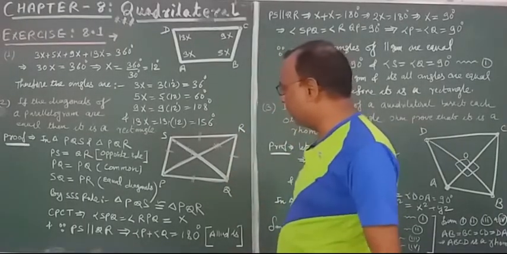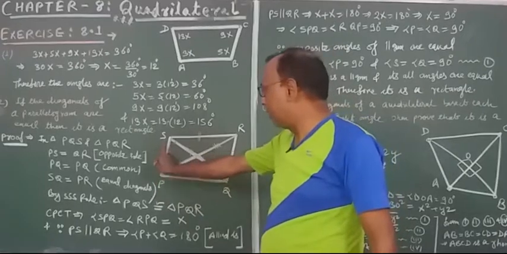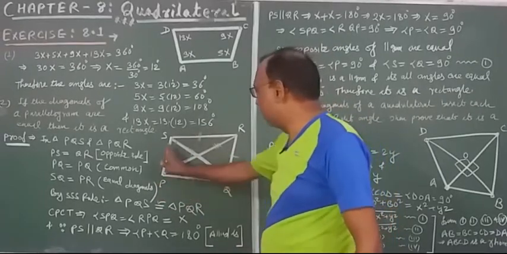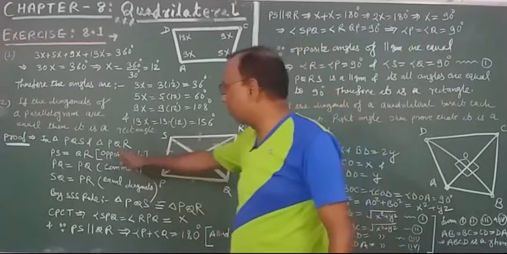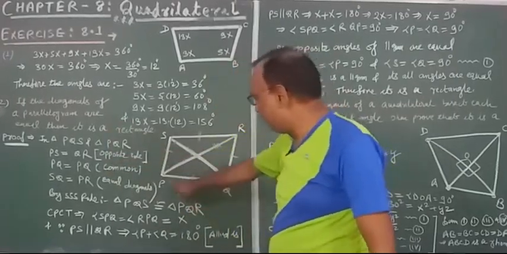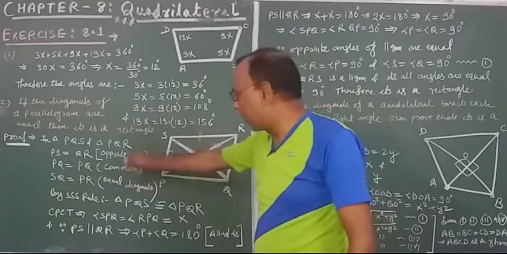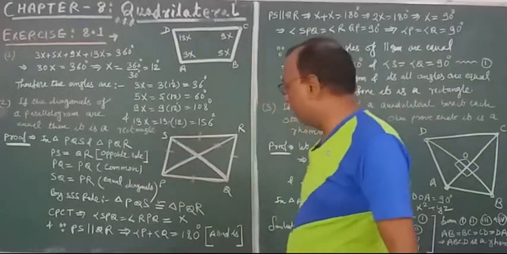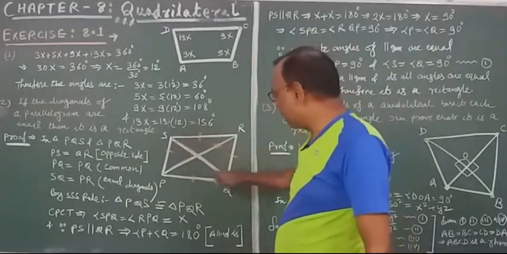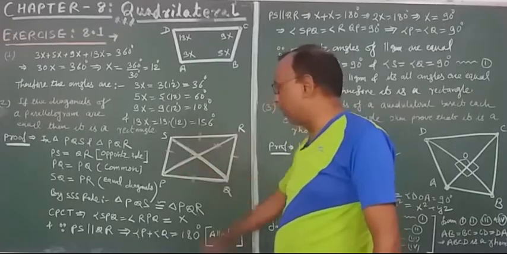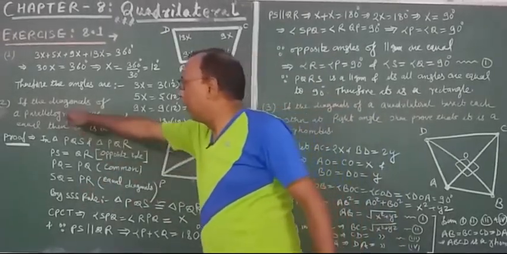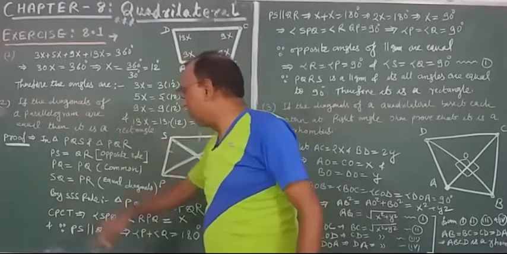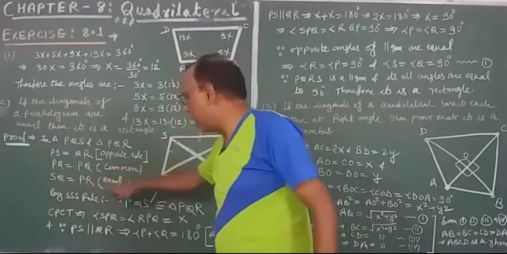Its side PS of triangle PQS is equal to QR of triangle PQR. PQ is common in both the triangles, and the diagonal SQ is equal to PR. It is given: if the diagonals of a parallelogram are equal, it means SQ is equal to PR is given.